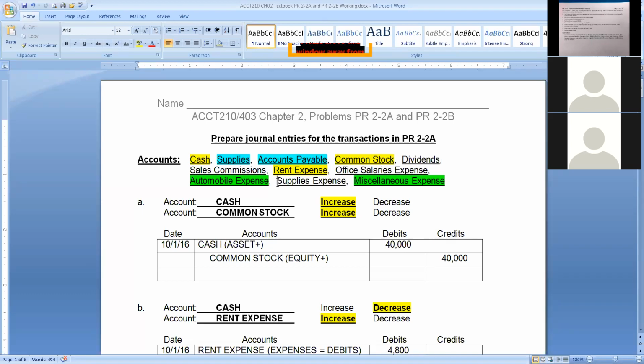What left the place? It wasn't cash. But what left? What do we have less of now?